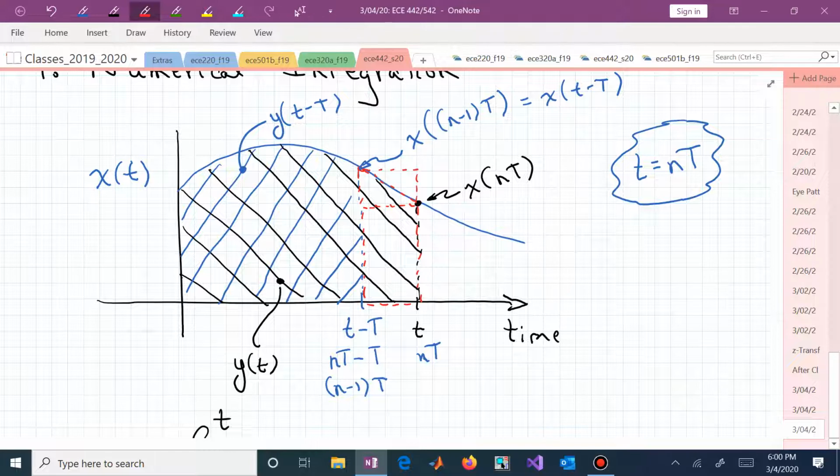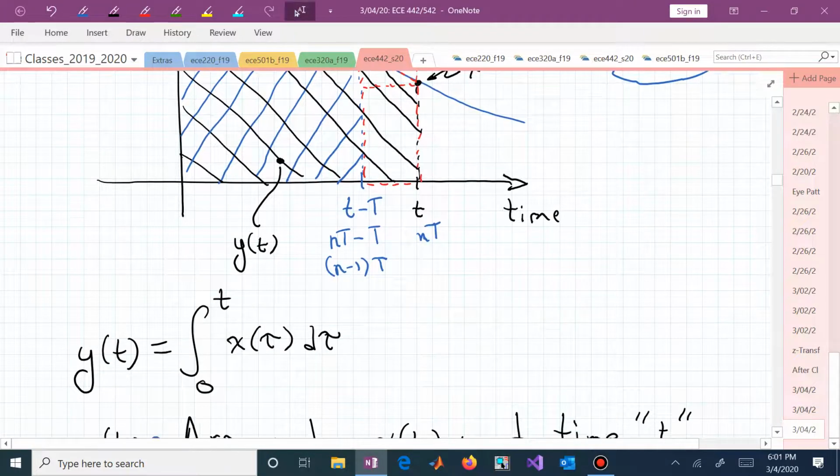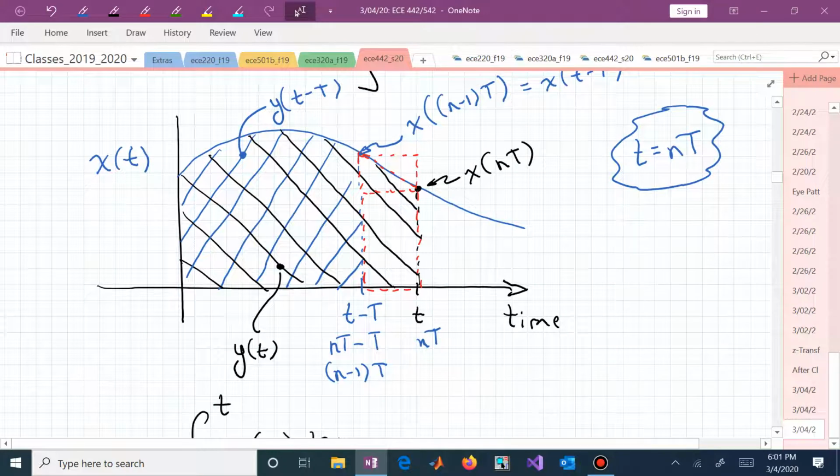And I've just illustrated the three different strategies: forward, backward, and trapezoidal. Let's walk through that. Is that clear?